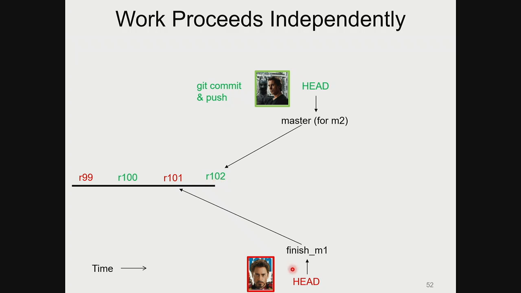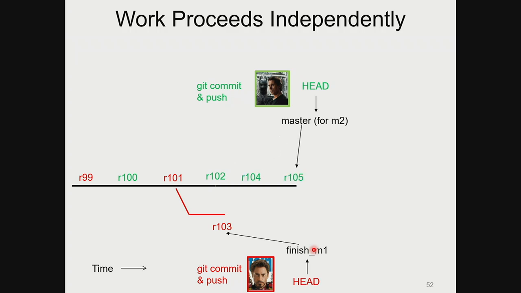While Tony is still working on the finish M1 branch, and his head is still pointing to R101. He does some changes. Now you can see that it's branching. It's like a tree. So when he did some changes, he committed and pushed them. And what he pushed now to the main repository is a completely new branch. It's called finish M1. Each one proceeds independently.